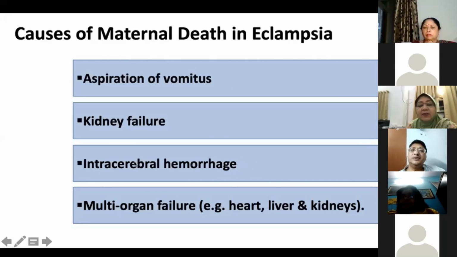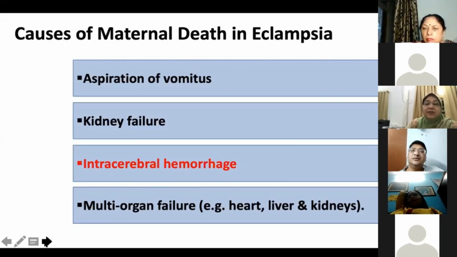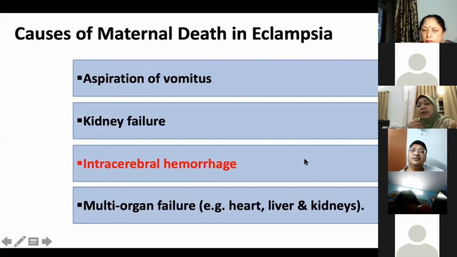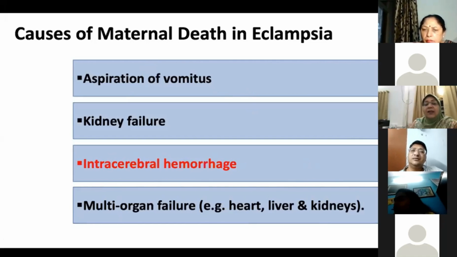But surprisingly, it is intracerebral hemorrhage, and that is why it is so important that we control the blood pressure very fast, effectively, and that is why you should know by the time you refer the patient and she reaches a facility, if you have not started the antihypertensive or you have not started, look here, this part also and this part also are related to you, so important that you prevent the convulsion, transfer her to the facility in such a manner that there is no risk of intracranial hemorrhage and no risk of aspiration because of a convulsion recurring.